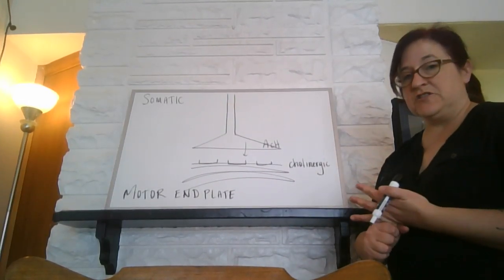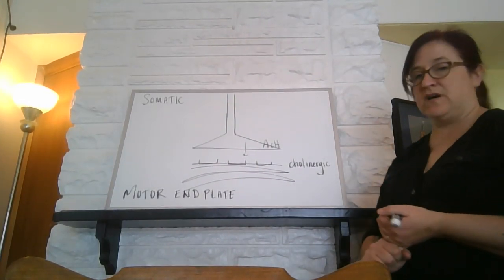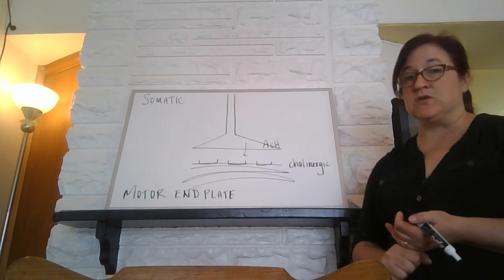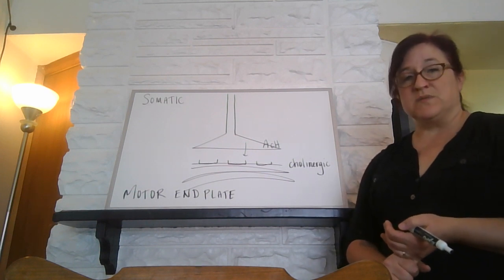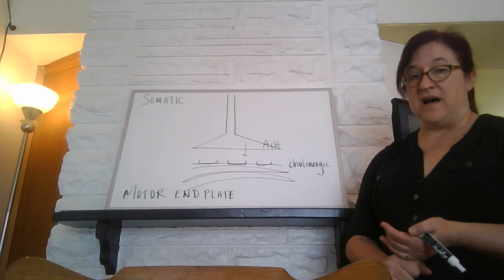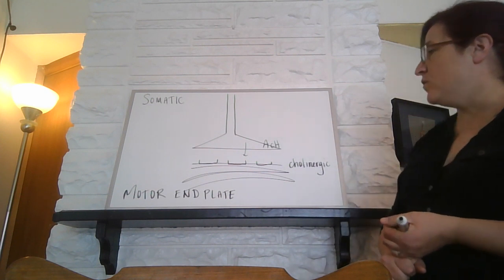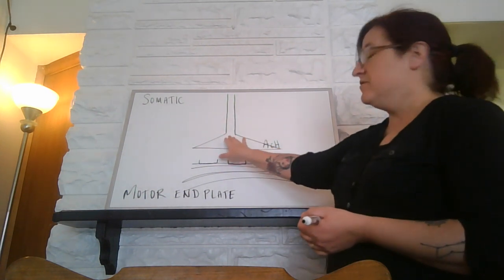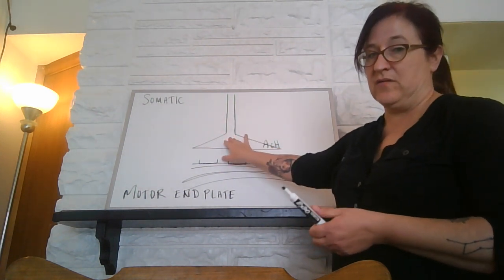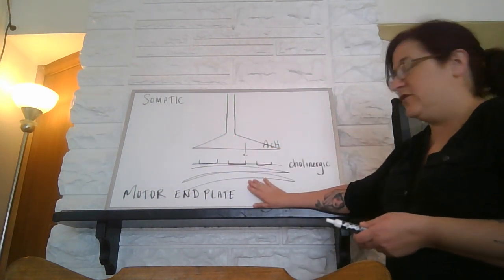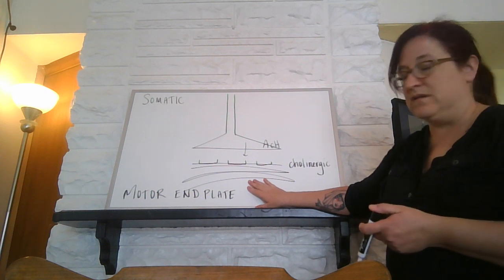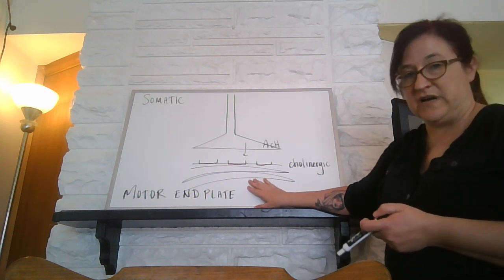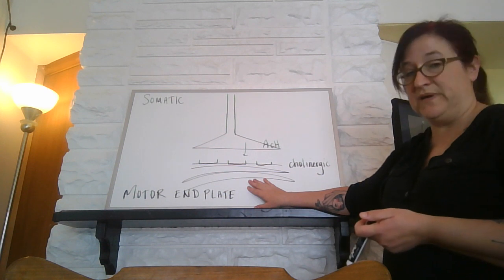The other division of the nervous system that we talk about in terms of medications is the somatic nervous system, or the skeletal muscle, the voluntary nervous system. So this is within our control. We have nerves that branch off the spinal cord that innervate our skeletal muscle in order for muscle contraction to occur for movement.